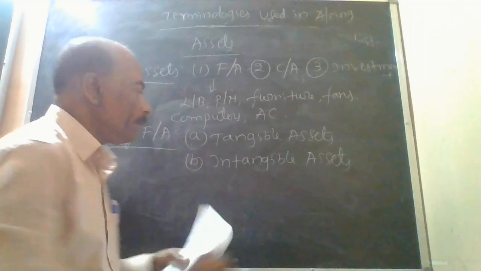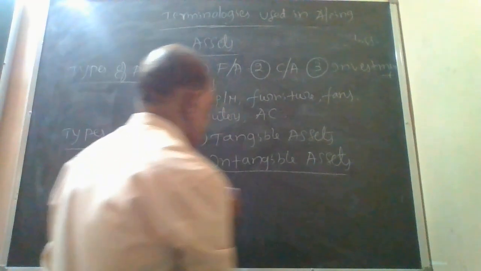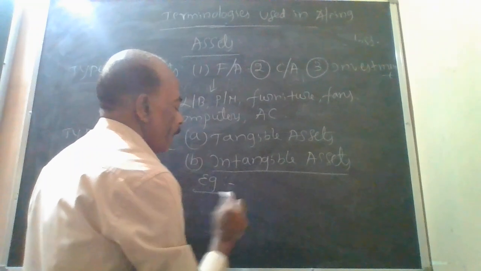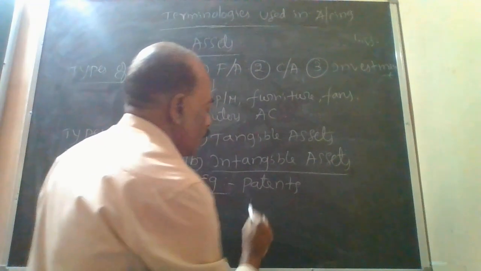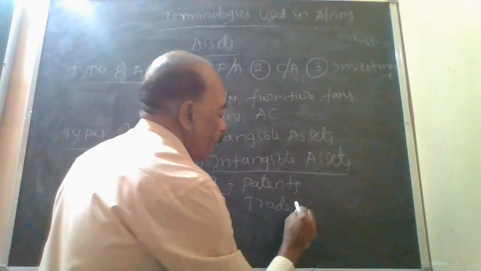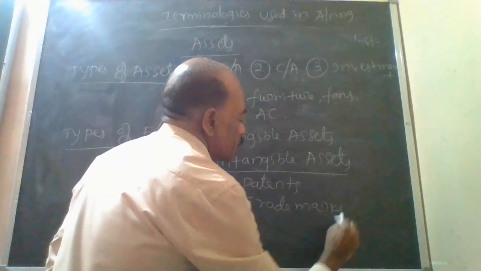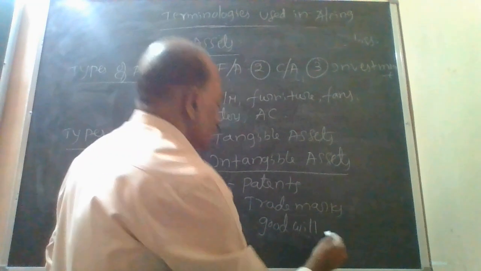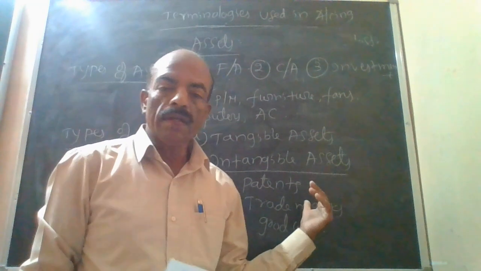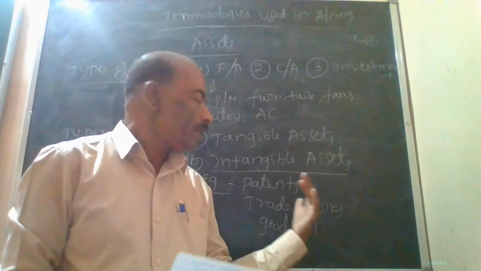For example, patent, trademark, goodwill. Patent means finding a new innovation, new technology.